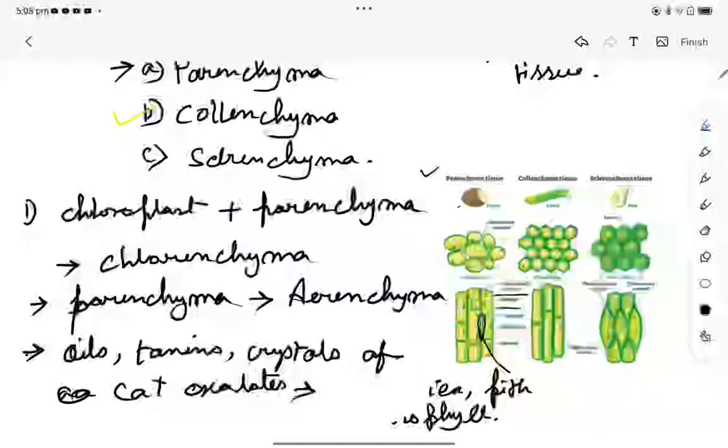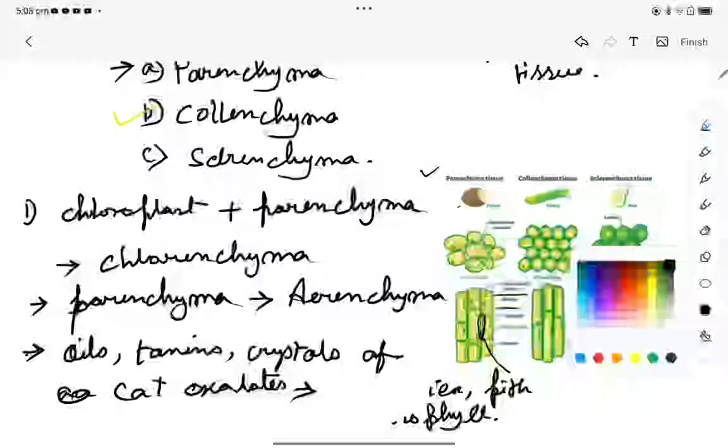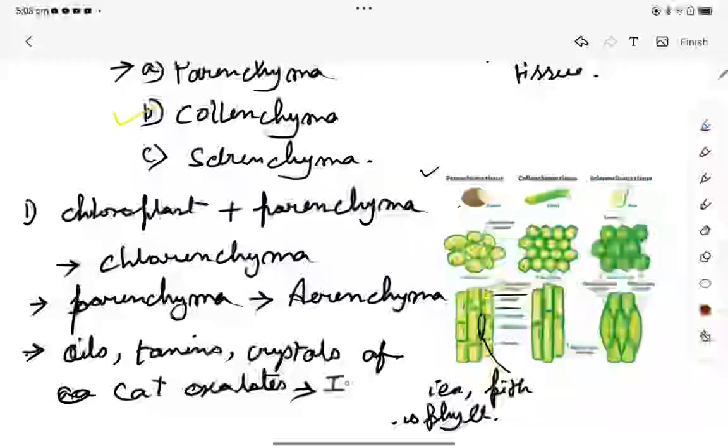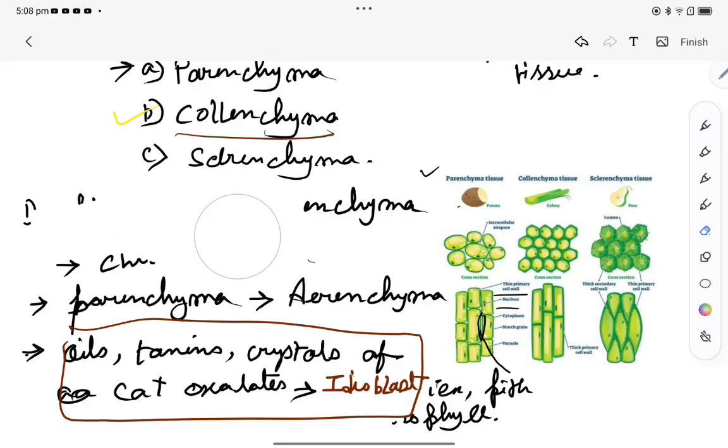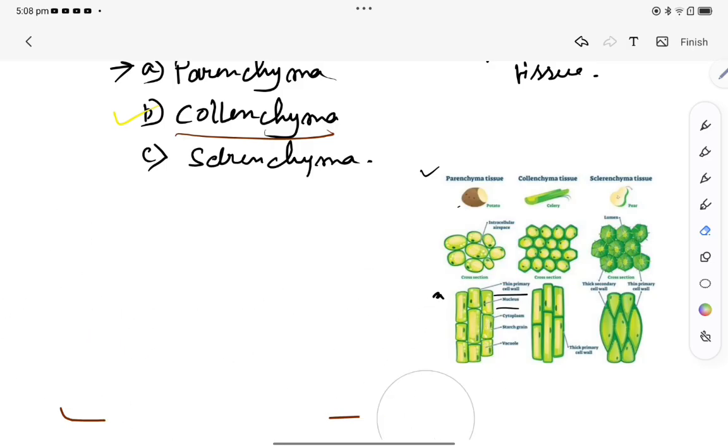They are called idioblast. So parenchyma containing oils, tannins and crystals of calcium oxalate is called idioblast. Fine. Next we are going to learn about Collenchyma.